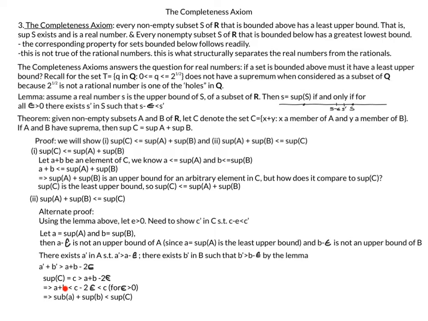Then A plus B is less than C minus 2 epsilon, which is less than C for epsilon greater than 0, which means that sup A plus sup B is less than sup C. And that's because, remember, A is equal to sup A, B is equal to sup B, and C is equal to sup C. So this is the alternate proof of the second part of our proof of sup C equals sup A plus sup B.